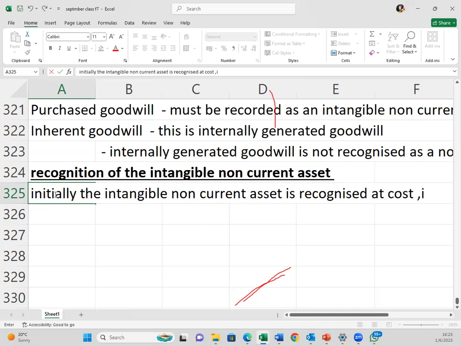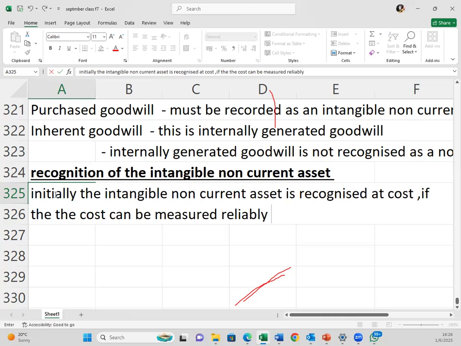If the cost can be measured reliably. We'll talk about what measured reliably means.